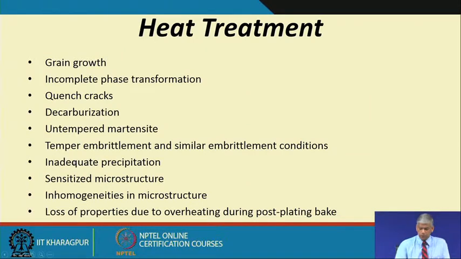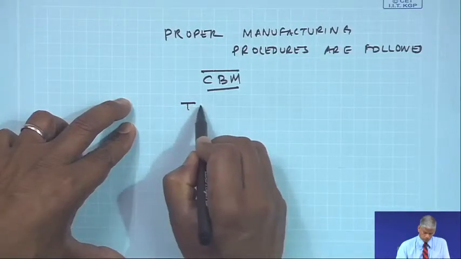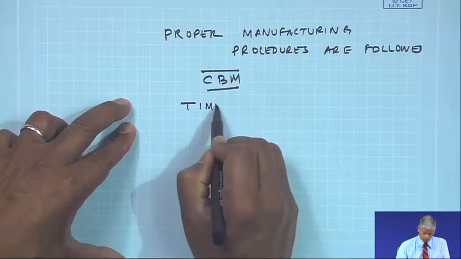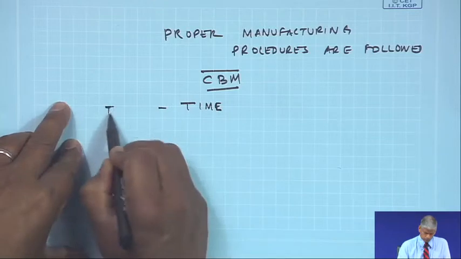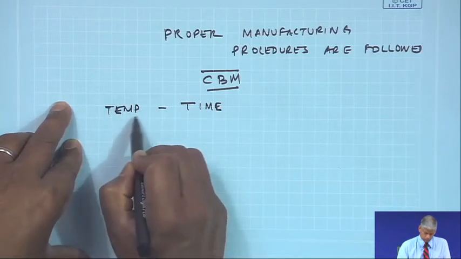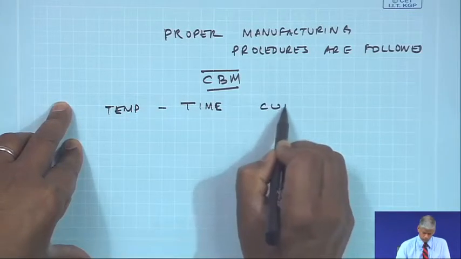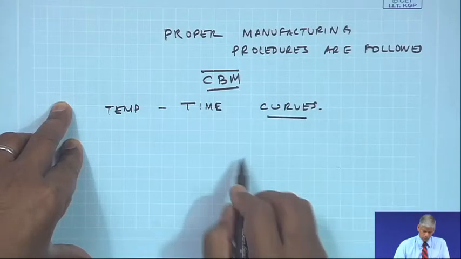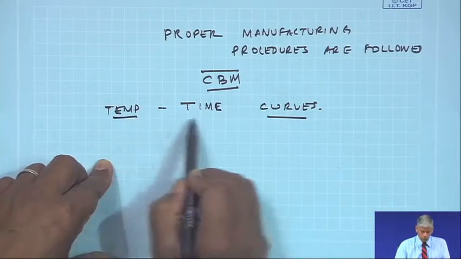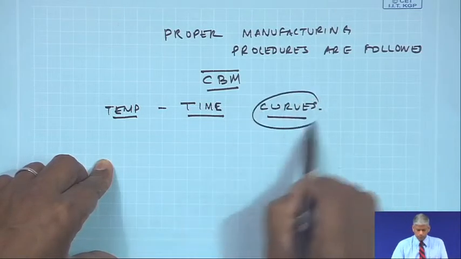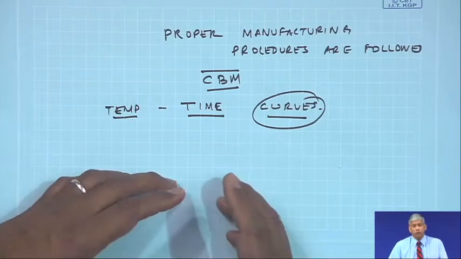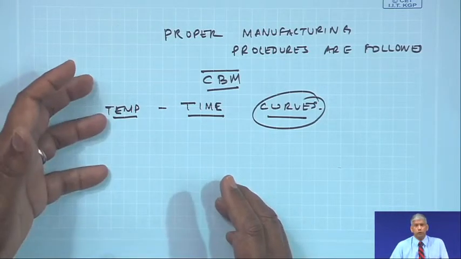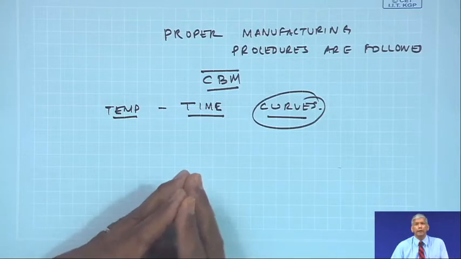the TT, time temperature, how quickly we bring down the temperature as a function of time helps develop microstructures, whether martensite is formed, pearlite is formed, it all depends on the cooling rate.